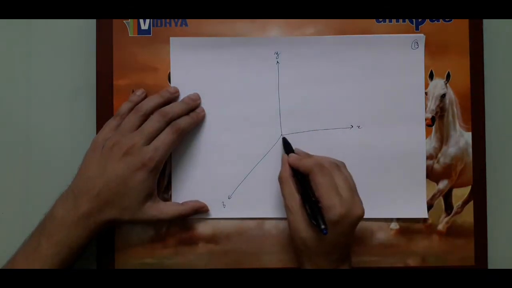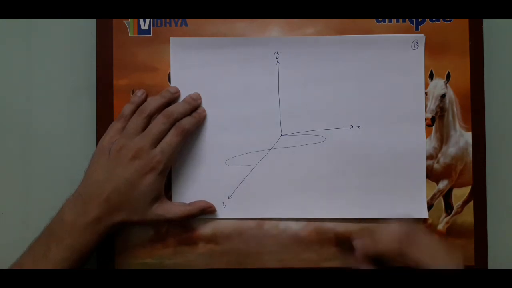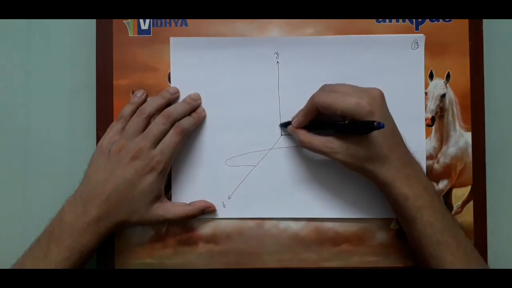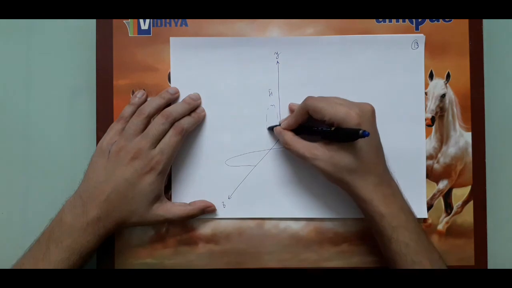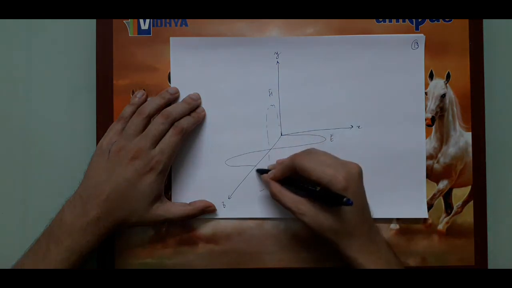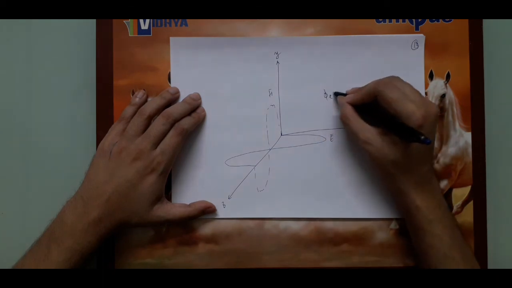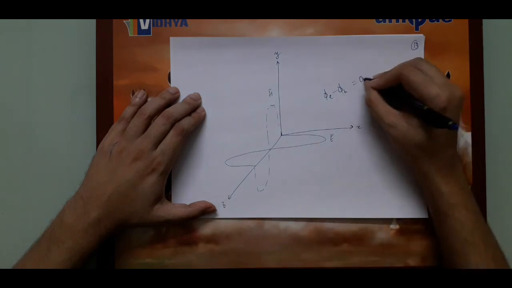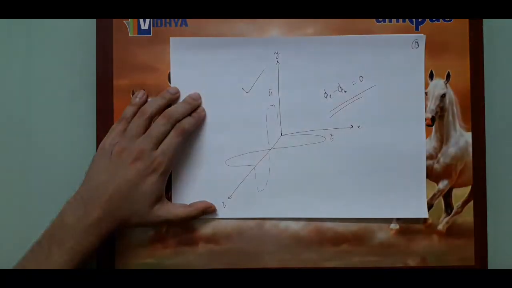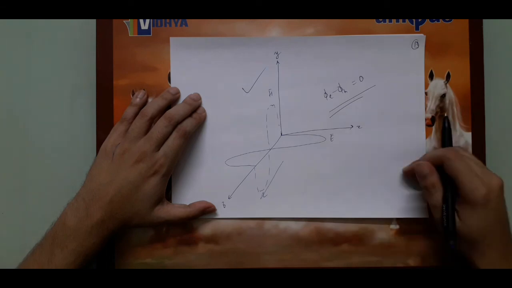For the E field, I can draw something of this kind. The H field can be like this. So this is E and this is H. What you can see in this case, phi E minus phi H, that is the phase difference between the two field components, is 0. So this is definitely possible. So the wave is propagating in this direction. That you can easily prove by using the right hand thumb rule.